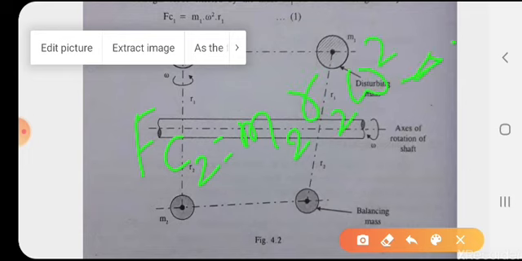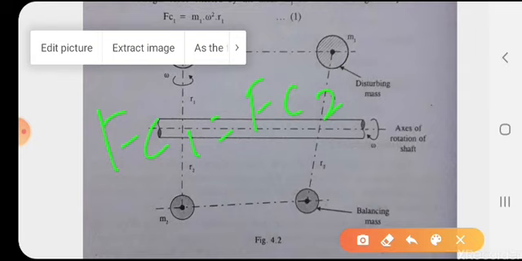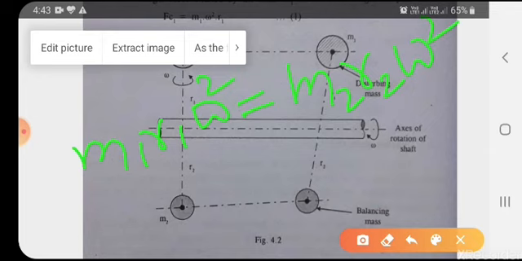By equating equations 1 and 2, we get Fc1 equal to Fc2, that is m1 r1 omega square equal to m2 r2 omega square.